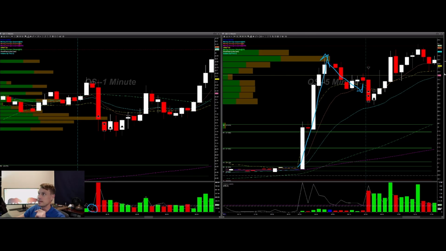Once I saw it didn't have the continuous volume that I wanted for this opening range breakout, I went ahead and took a reversal. I saw that this couldn't get up to the top of this candle, and I took a short right here. This guy bounced back and forth, and our entry was right around 23, right underneath 23 and a half.